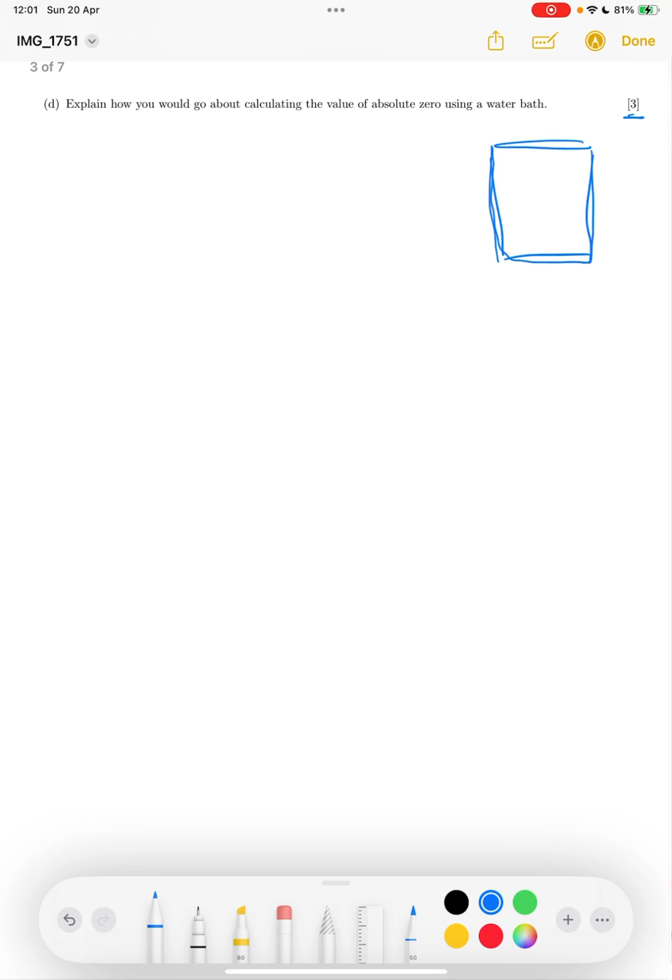Drawings help me a lot. Think about what's going on in the water bath. We have a lot of water bottles. We can also use some sort of temperature to help us. To be honest, I'm thinking about my equation right now. Or even I'm thinking about the relationship between pressure and temperature right now.